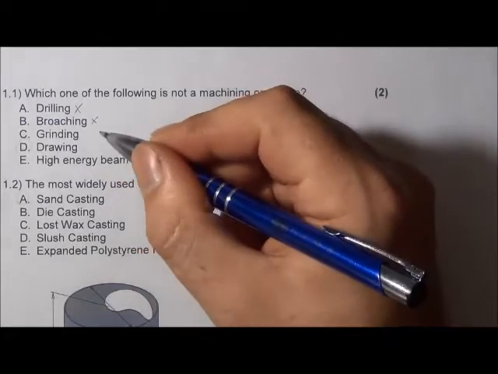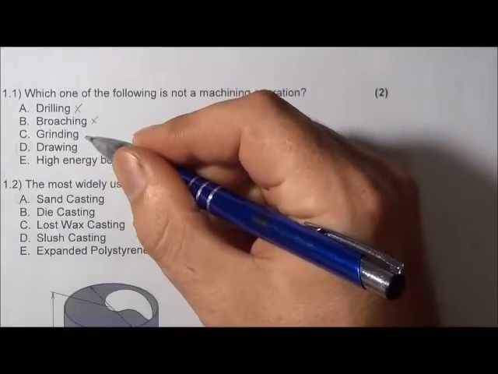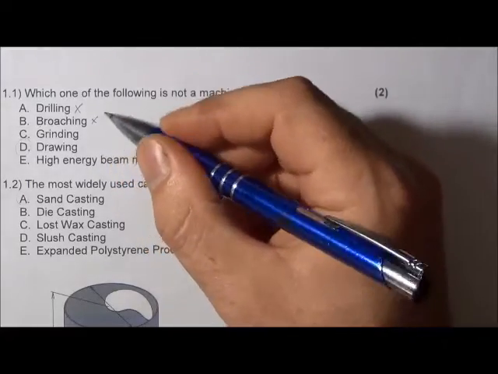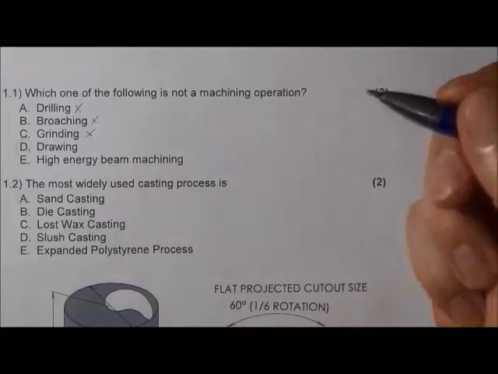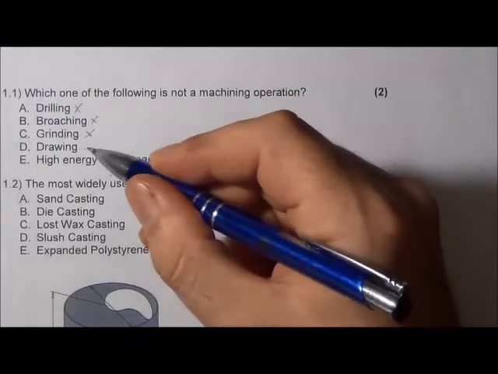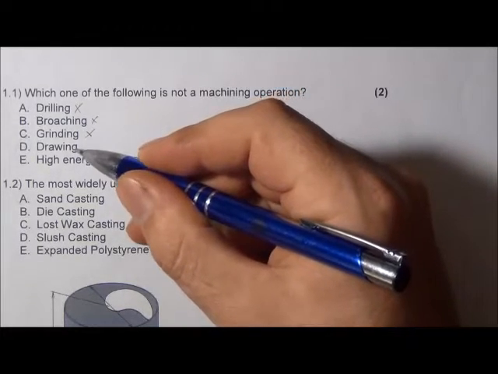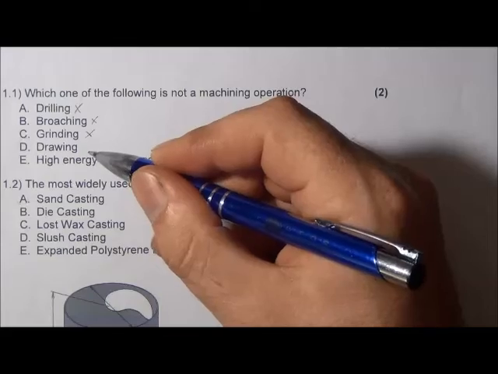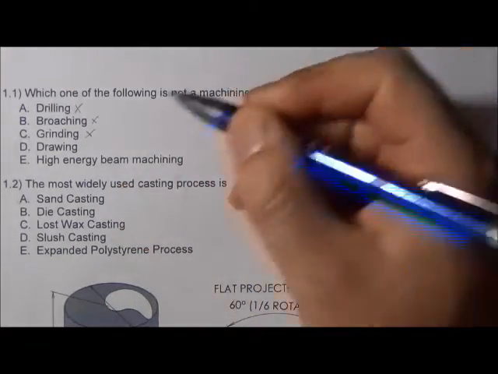Grinding is abrasion on a surface to shape the surface by removing small particles of material, so that's also a machining operation. Drawing is when you take a material and under very high pressures you shape it into a different cross-sectional shape. So drawing is not a machining operation.